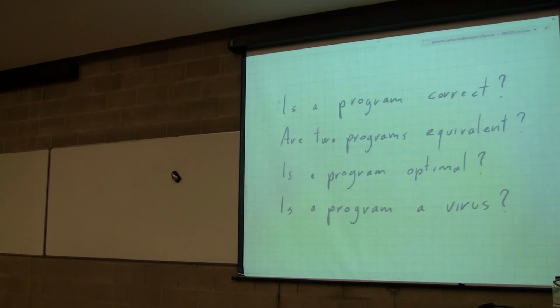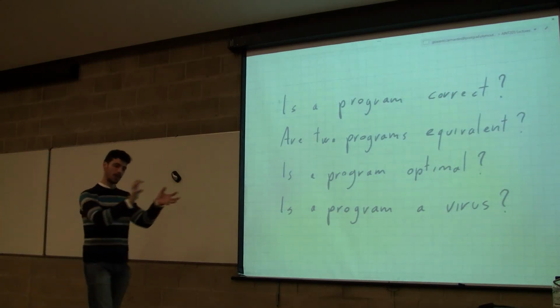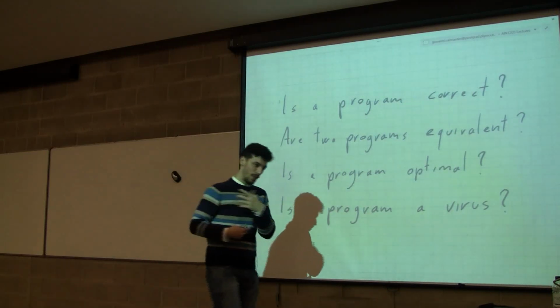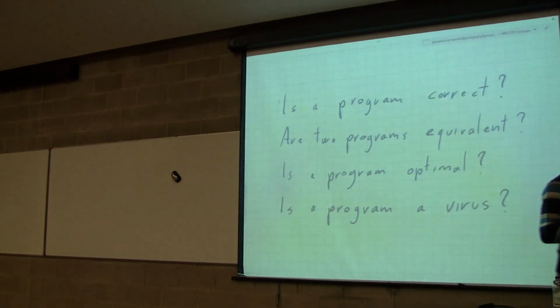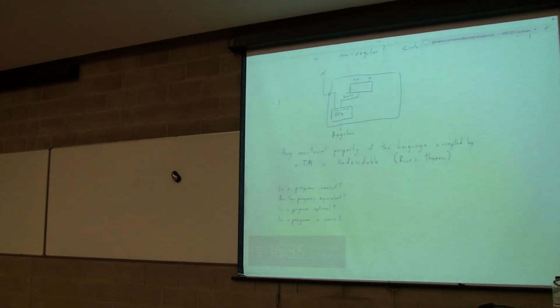Let's see if I can find a way to reduce the Halting problem to my problem. Because if you can, then that means that your question cannot be answered. You won't spend time trying to answer an unanswerable question.